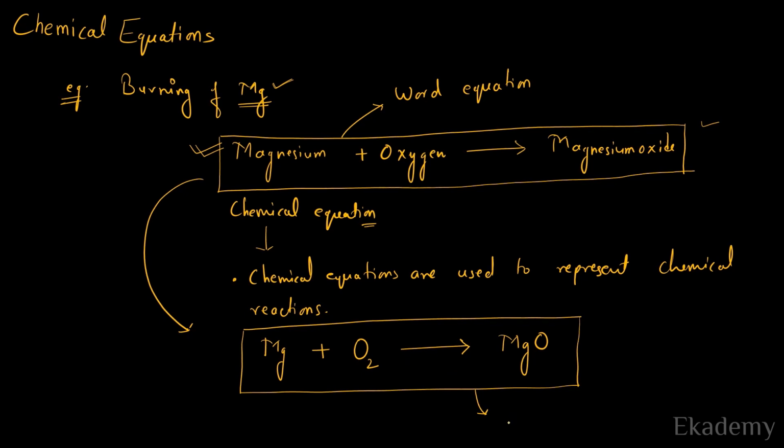So when we say chemical equation, we mean this thing, that means using symbols and formulae. So this is simply a chemical equation, maybe in brackets I may write using symbols and formulae.